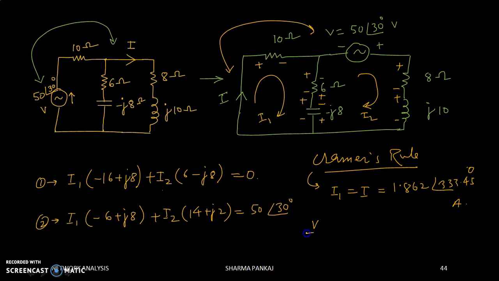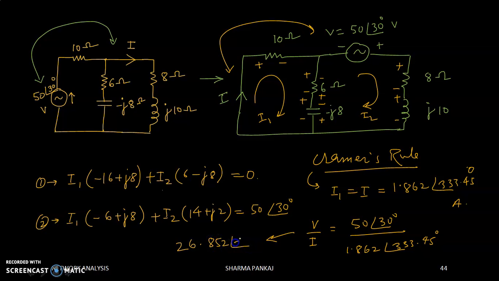So the ratio V by I is equal to 50 angle 30 degree upon 1.862 angle 333.45 degree, which is coming 26.852 angle minus 330.45 degree.